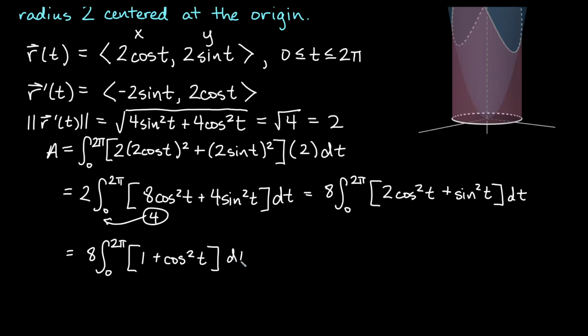And we're pretty close to being able to integrate this. Remember, with even powers of sine and cosine, a good thing to do is use the double angle formula. So we would go ahead and say that this is 1 plus, if you remember, 1/2, 1 plus cosine of double the angle, right, which would be 2t. Okay, and we'll integrate that.